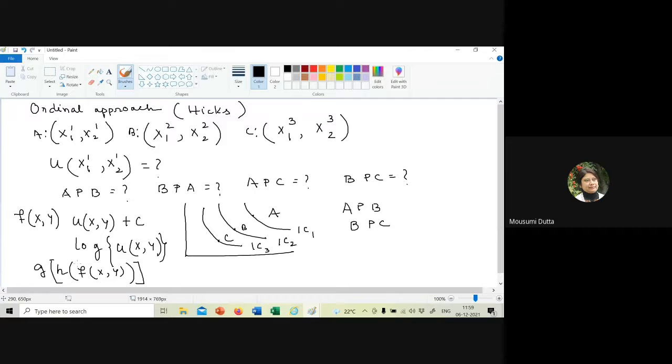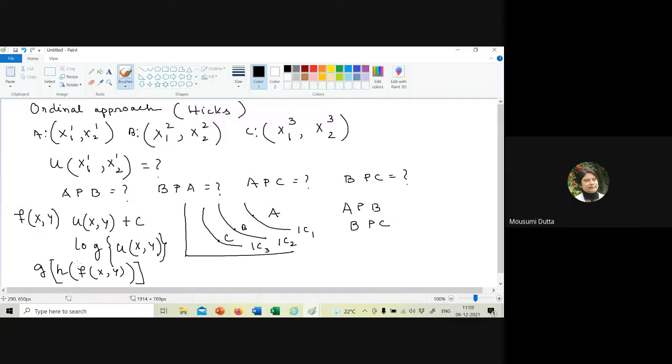A, B, C, D are indicating a similar order to that of 1, 2, 3, 4, or I can consider 100, 101, 102, and 103. I can consider the ranking in a 3-digit scale, or in a 5-digit scale. However, they are indicating the same kind of ordering. Okay, so that's the idea.